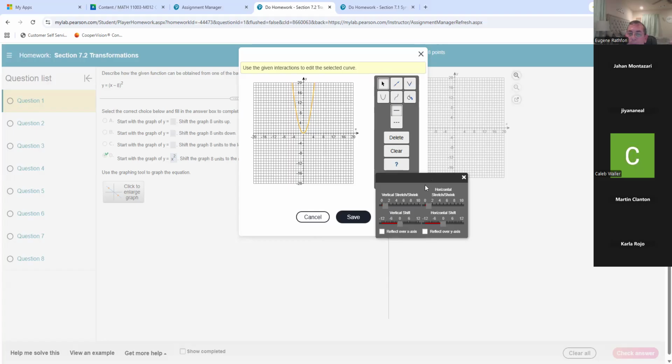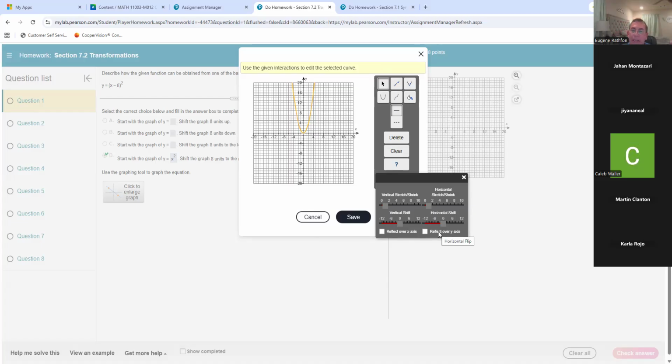All right, you see a little box that popped up. Y'all can ignore the vertical stretch and shrink. We're not doing that. You can ignore the horizontal stretch and shrink. We're not doing that. We're going to be doing the vertical shift, horizontal shift, or reflected over the x-axis. You can ignore the reflect over the y-axis.